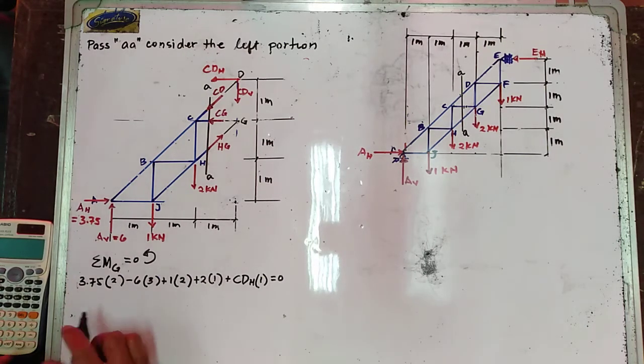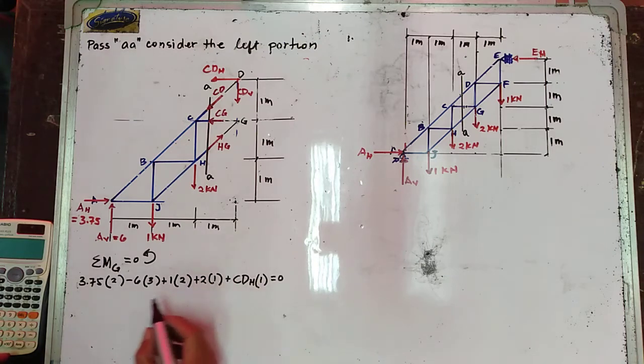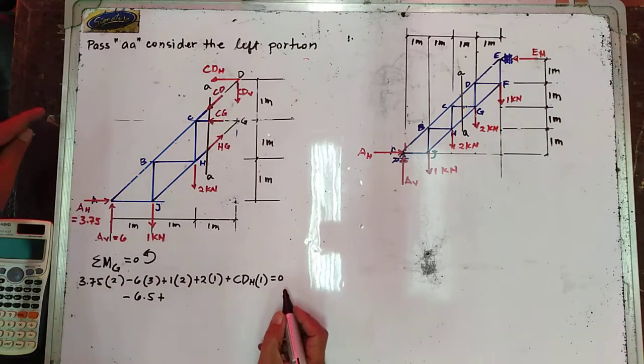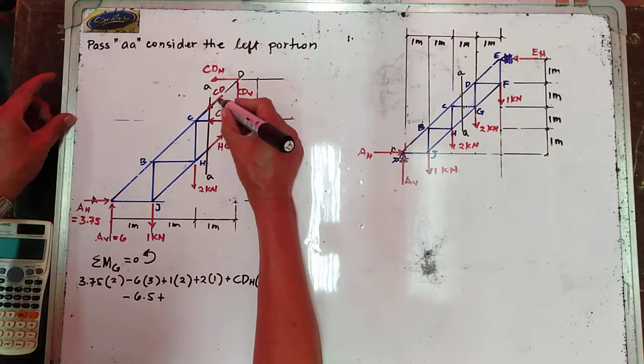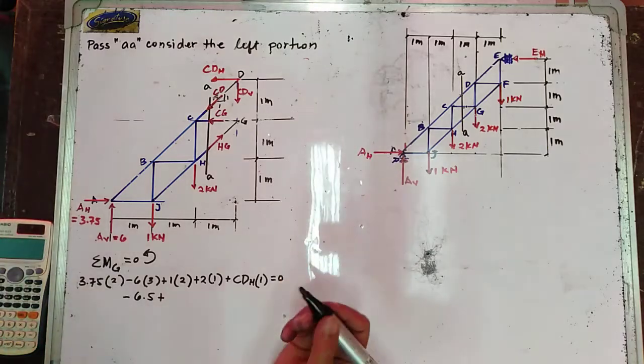Now, we have the algebraic sum of this is equal to negative 6.5 plus CD horizontal. Now, the slope of CD is 1, 1. So that is now the square root of 2.